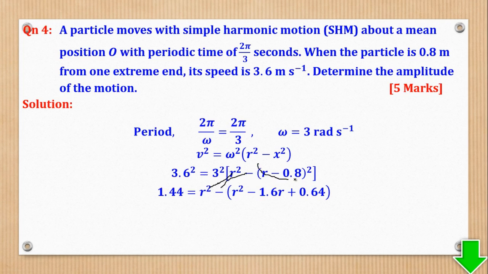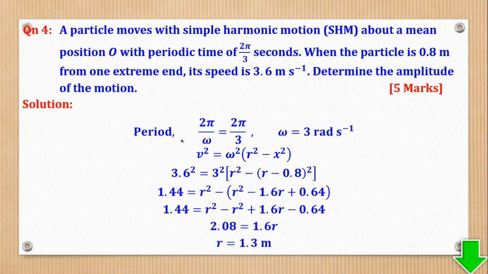Then the whole of this was expanded to give you this. Then when I open brackets, you realize that this and this can cancel. Then this with this gives you a plus. This with this gives you a minus. Then you collect like terms and make r the subject. And that's what they wanted.